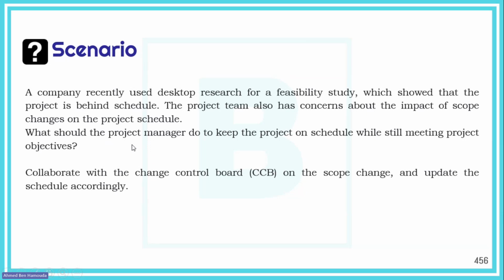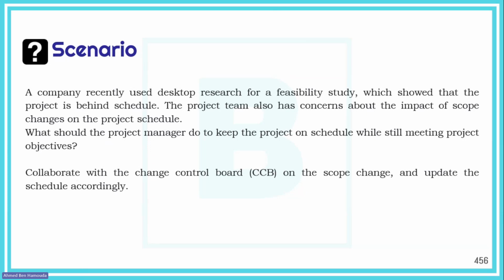Okay, so we really want to work hard towards achieving the objectives, and at the same time keep the project on schedule. So here the project manager will need to collaborate closely with the change control board on any scope changes. Okay, since we might have impact on scope. Okay, have approved change requests, and through those approved change requests, we will need to update the schedule baseline accordingly.